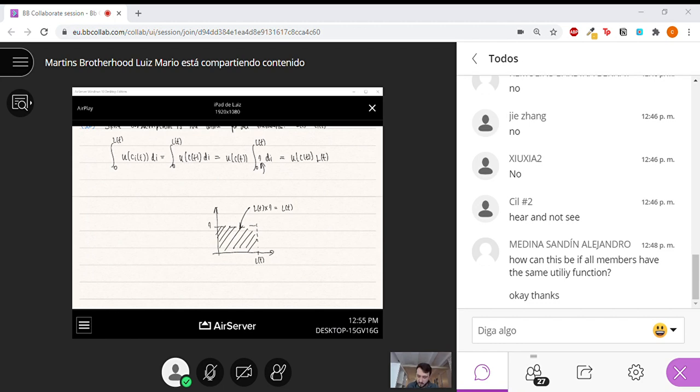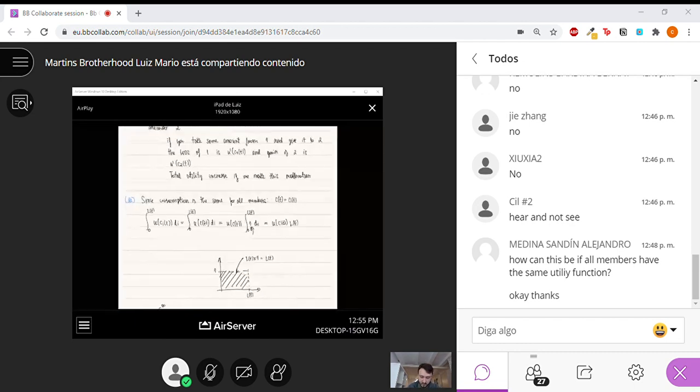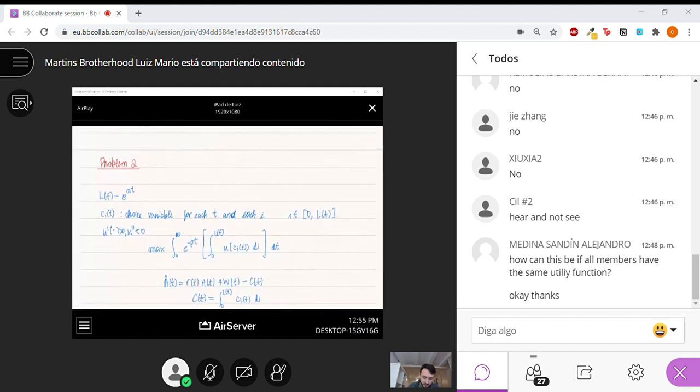Okay. And so we can rewrite the objective function as the maximum of E, rho T LT U of CT dt. And we know that LT grows by a fixed proportion.